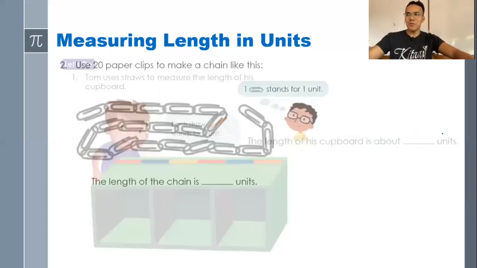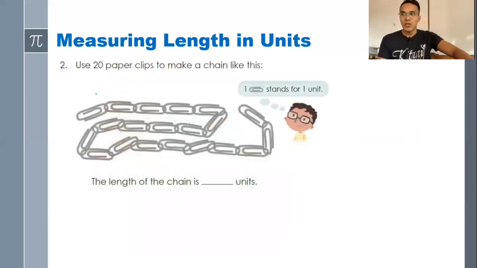Next, number 2, use 20 paper clips to make a chain like this. Actually, you are supposed to do this, but just do this if you have time and if you have a lot of paper clips. Okay? So this is the chain already, and let's count if there are 20 of them.